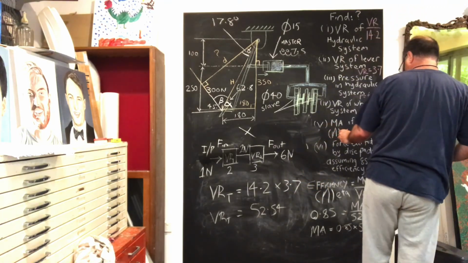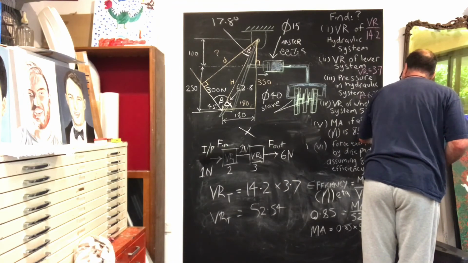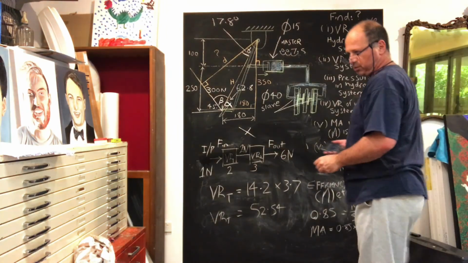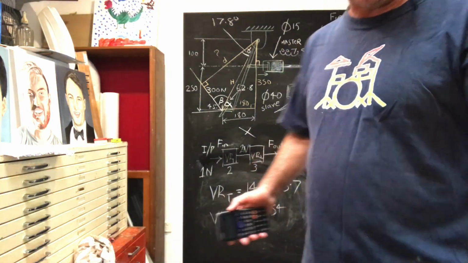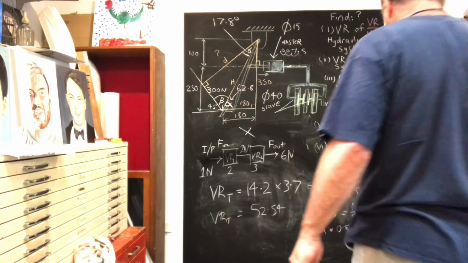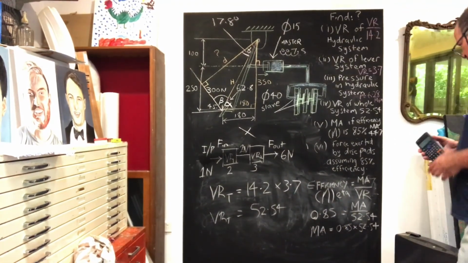So I ended up with a MA of 44.7. Now the book probably doesn't agree with that 100% because, like I said, my rounding's a little bit different. But that is how you get to the correct answer.